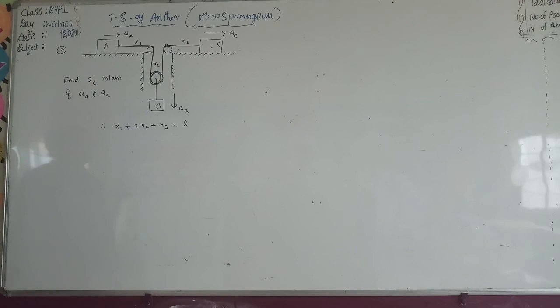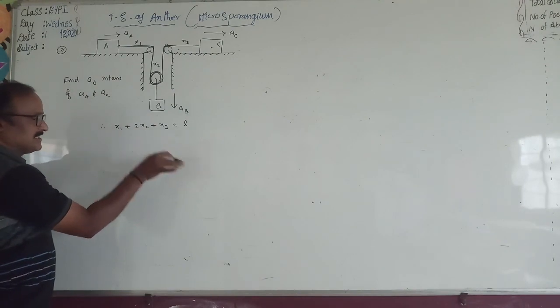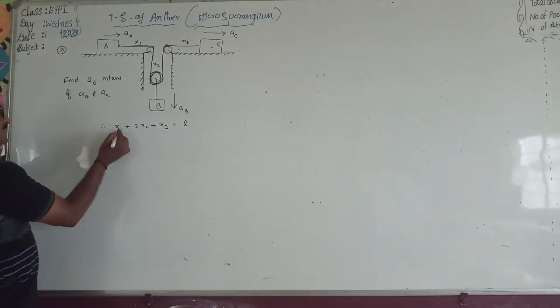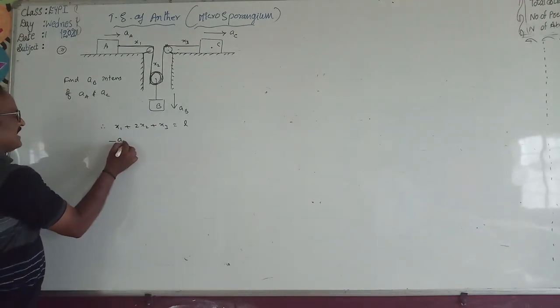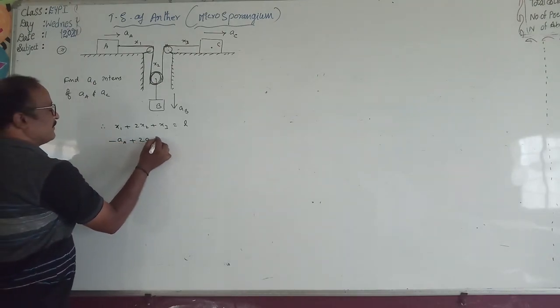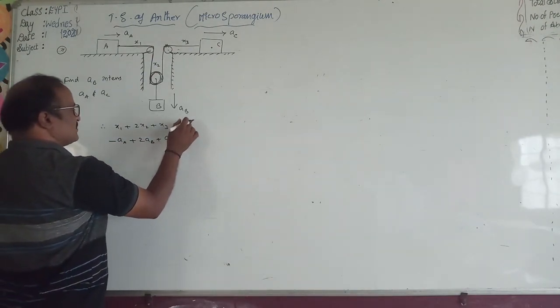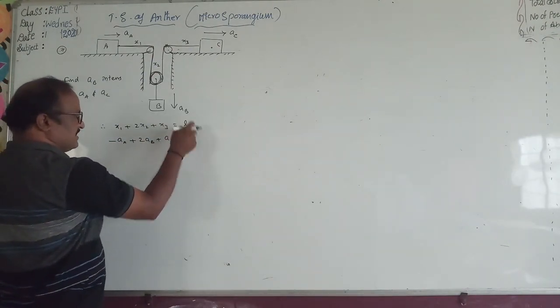Now differentiating this equation with respect to time twice, we will get the accelerations. You know, minus AA plus 2AB plus AC is equal to 0, because the differentiation of the constant length is 0.